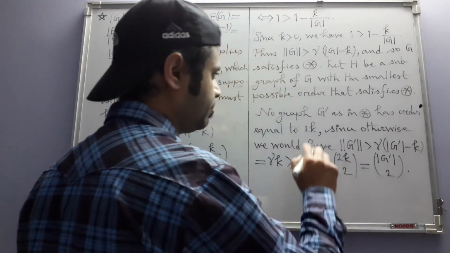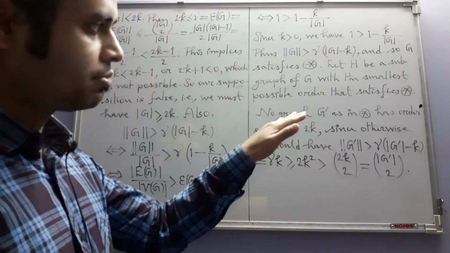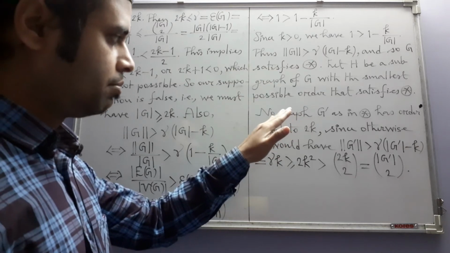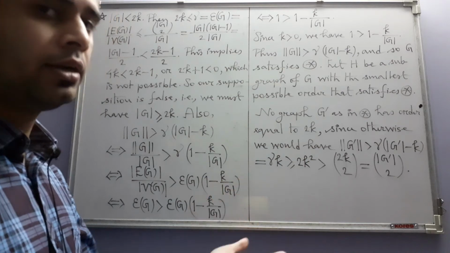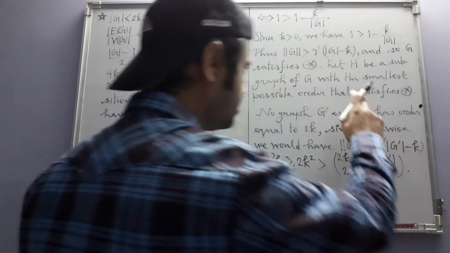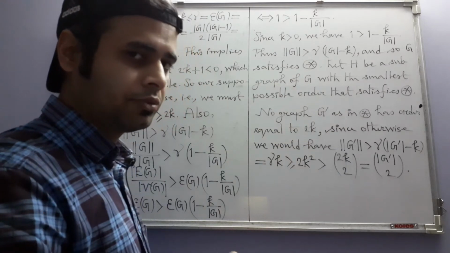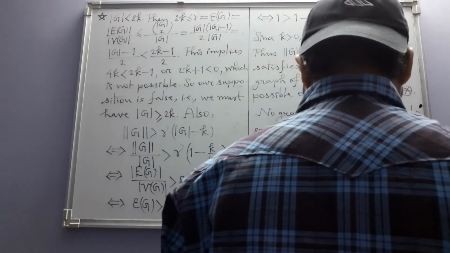So that's why any subgraph G prime of G that satisfies star must have order strictly greater than 2k, and H is such a subgraph, so order of H must also be strictly greater than 2k.